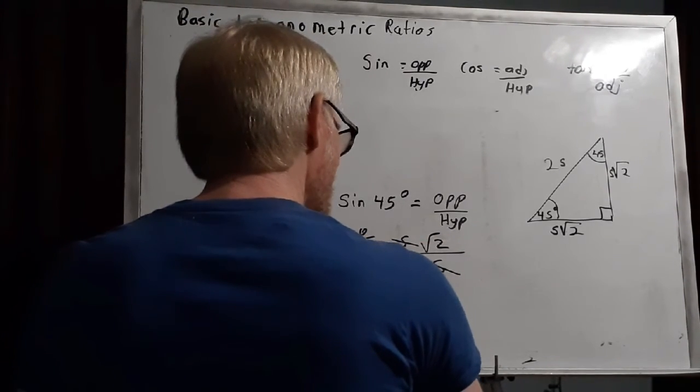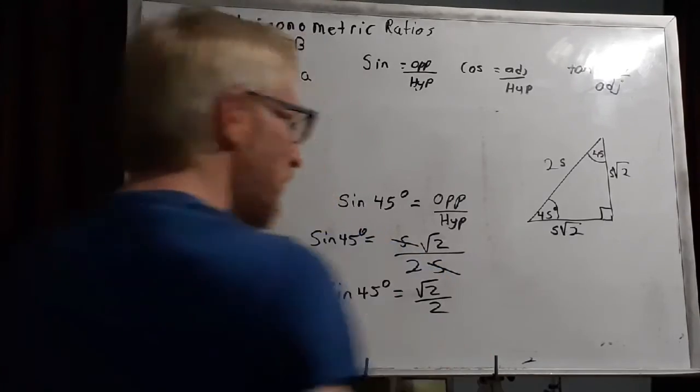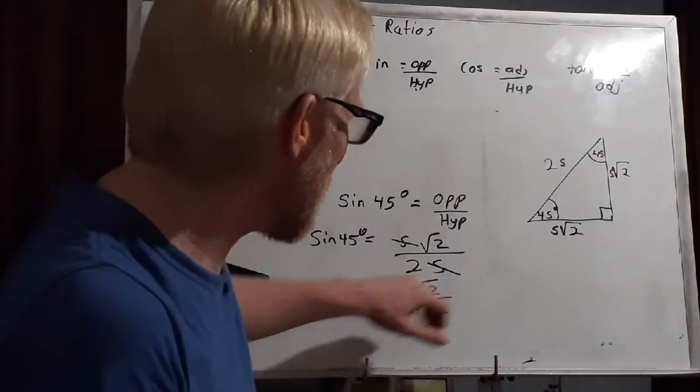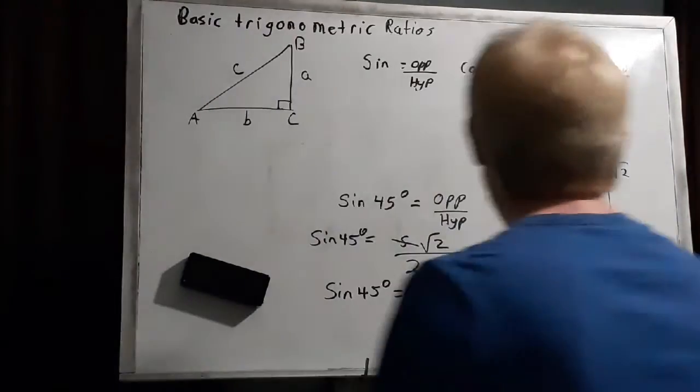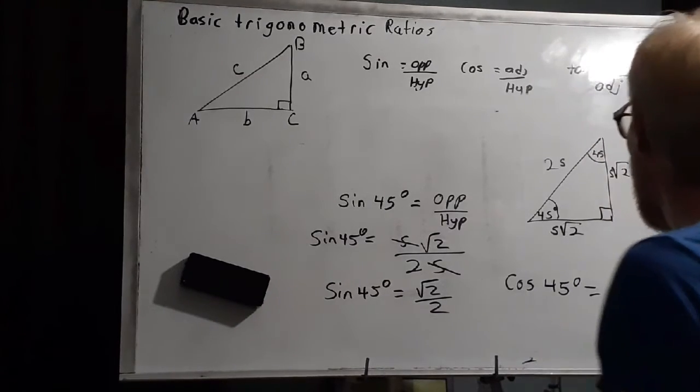Now guys, something really interesting about the 45, 45, 90 is that the sine of 45 and the cosine of 45 are the same. Now let's look at the cosine of 45 degrees.